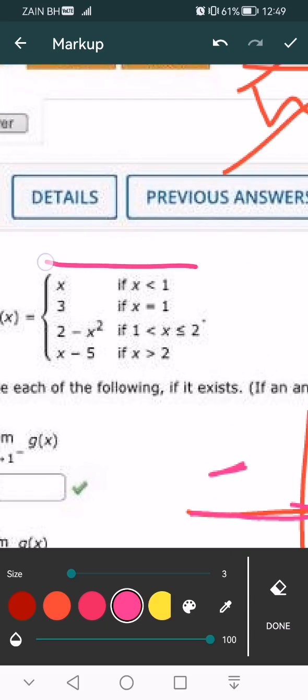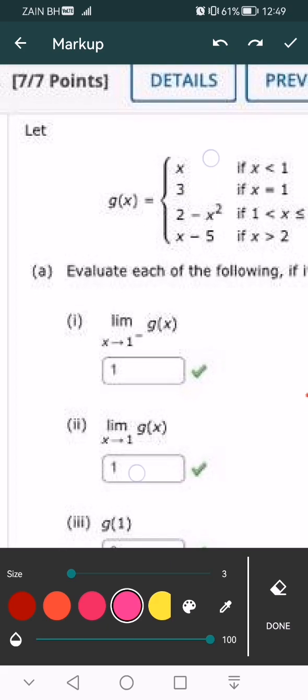Then I have to use the function for less than 1 because of the minus. There's also a notation: if it is minus, you have to use this one, because I came from the negative side.